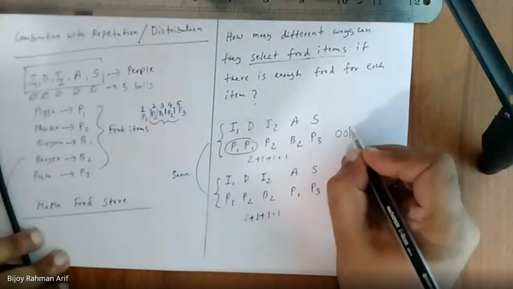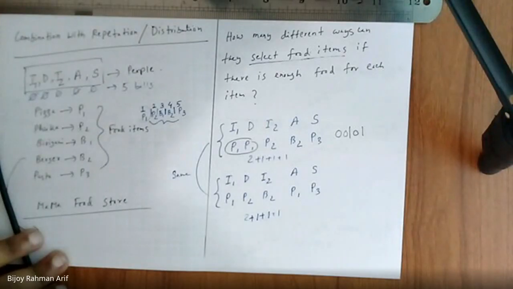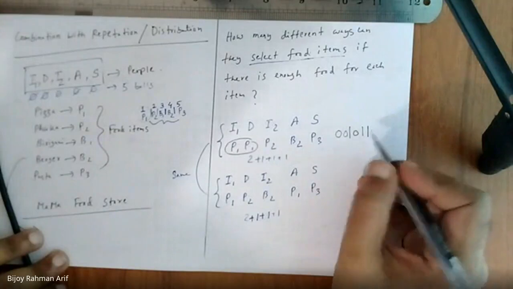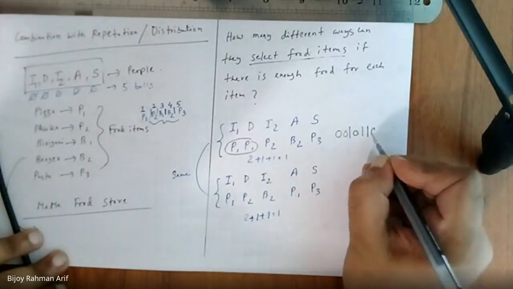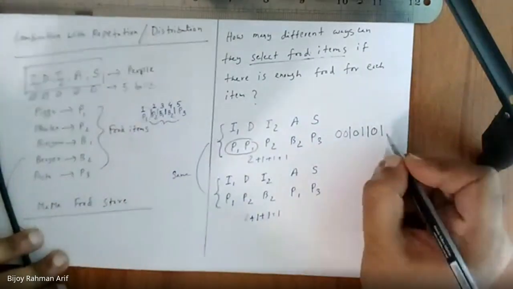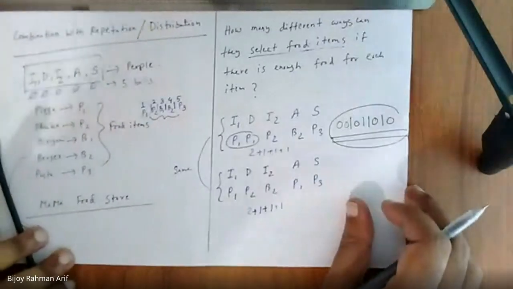One. So between the first and second stick, there is one ball. No person has taken biryani, so it is empty. Then one person has taken burger, so there is one ball. And finally, one person has taken pasta, so there is another one. So this is the representation of this. Do you agree with me or not?